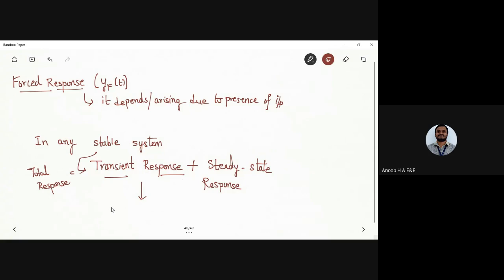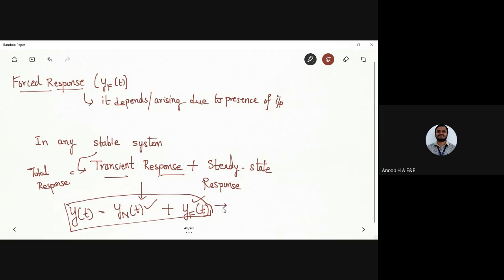This transient response is called yn of t, which is the natural response, and this steady state response is the forced response. The total response of the system is y of t, which equals yn of t plus yf of t.